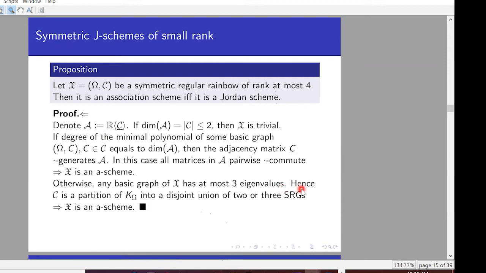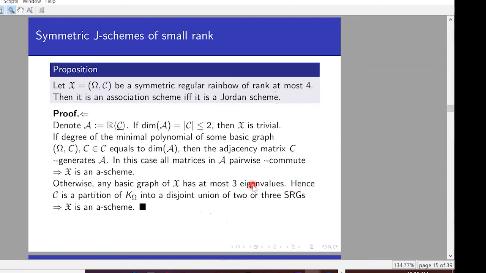Therefore, we have a partition of the complete graph into a disjoint union of 2 or 3 strongly regular graphs. If you have only 2 strongly regular graphs, then of course one of them is a complement of the other, and they do form an association scheme. But if you have 3 strongly regular graphs, then it's non-trivial to show that it is an association scheme.